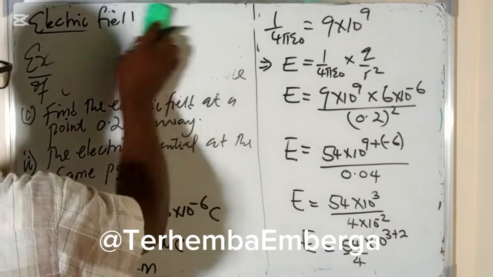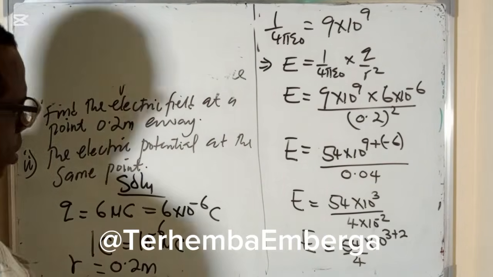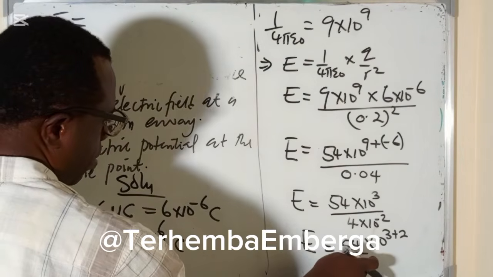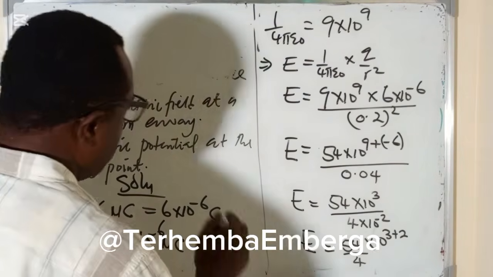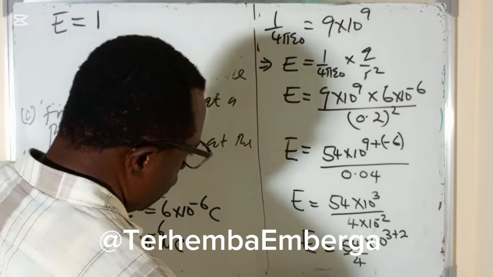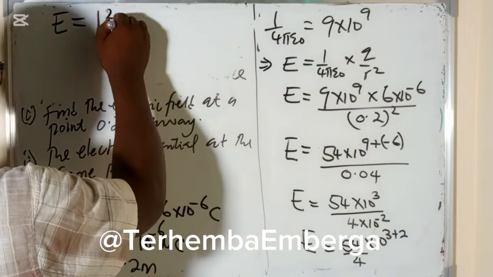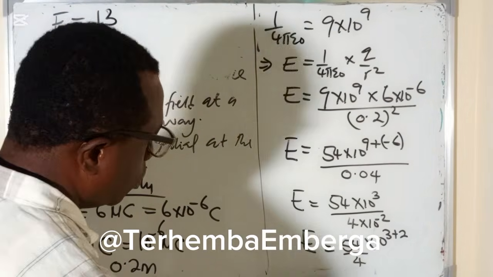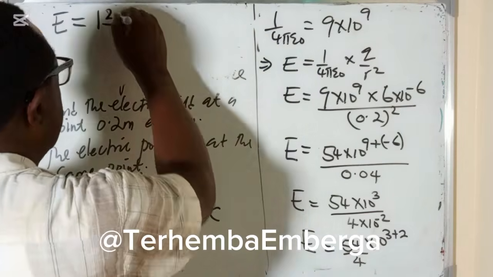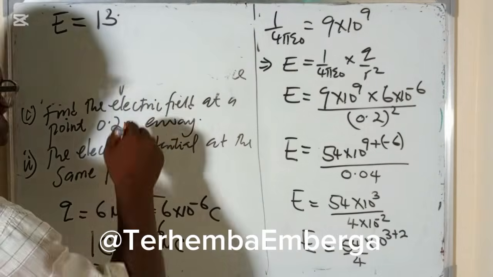So we now say that E is equal to, remember, 4 into 5 is 1, it will remain 1. 4 into 14 is 3, it will remain 2. So that will be point. If you add 0 to that 2, that is 20. 4 into 20 is 5.